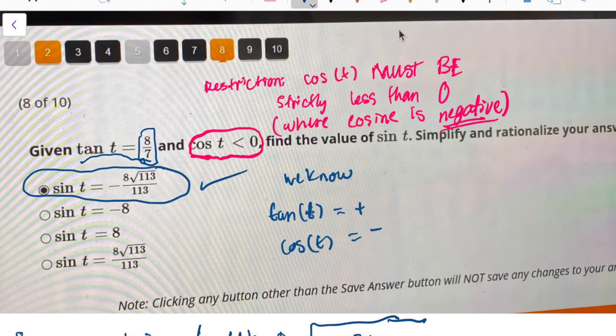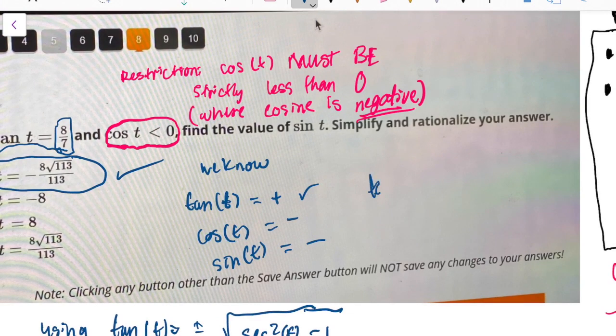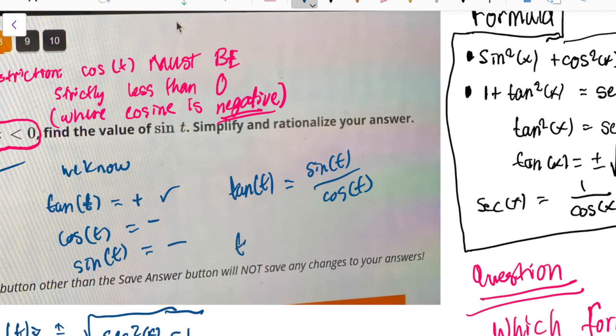So in order for this to be true, sine of t must also be negative, because again, tangent of t is equal to sine of t over cosine of t. So if cosine is already negative, then sine must also be negative in order for it to be positive.